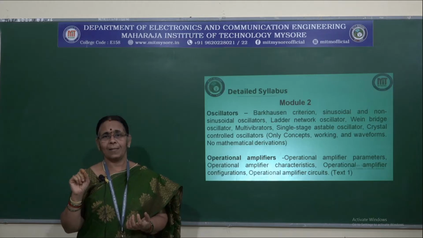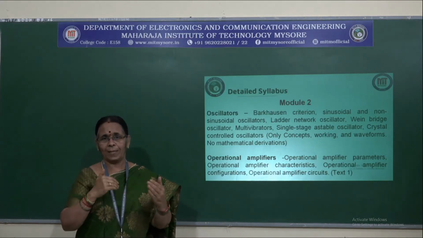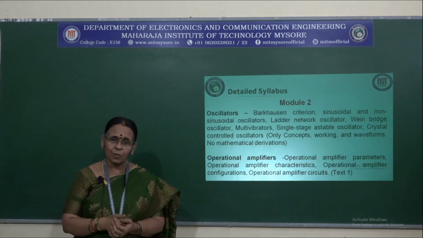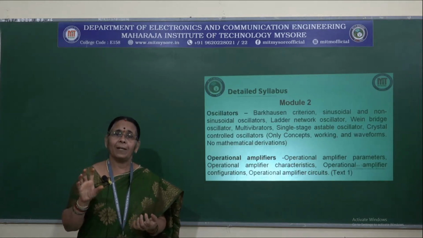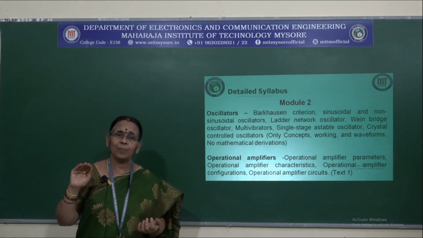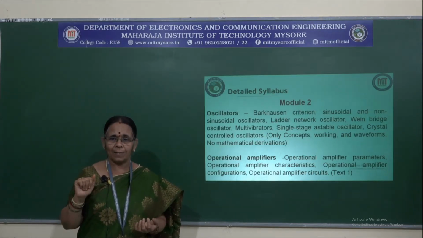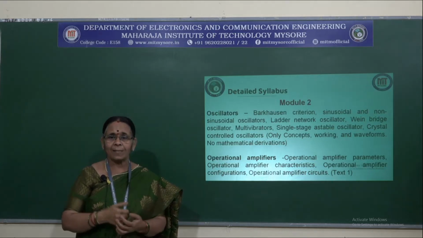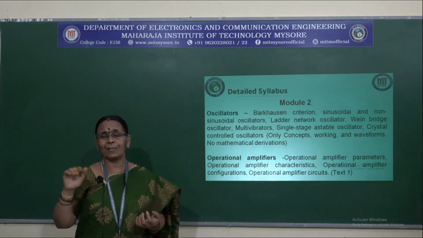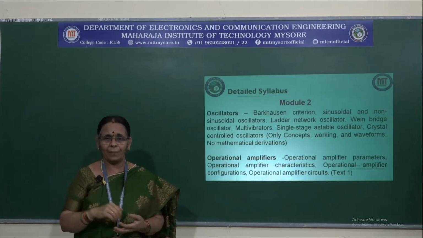Ladder network oscillator, which is nothing but what we call the RC phase shift oscillator. Wien bridge oscillator is a sinusoidal oscillator. Multivibrators, in that we are going to study something about square wave generation and also about triangular wave generation. Single stage astable oscillator, once again this is going to produce a square wave or rectangular wave.